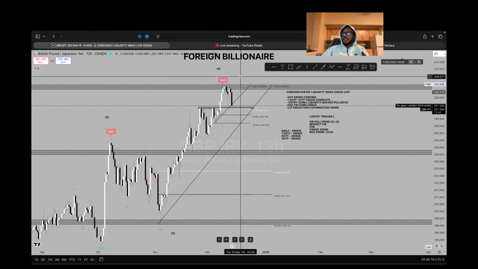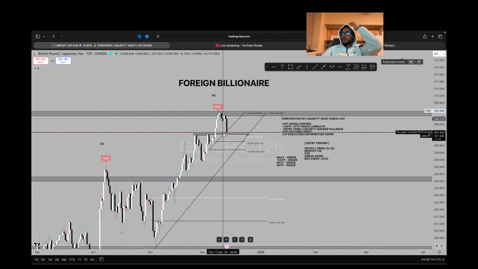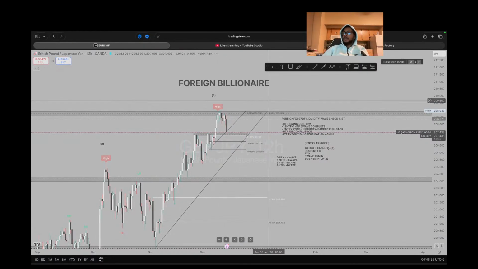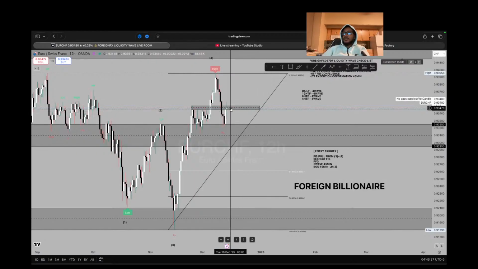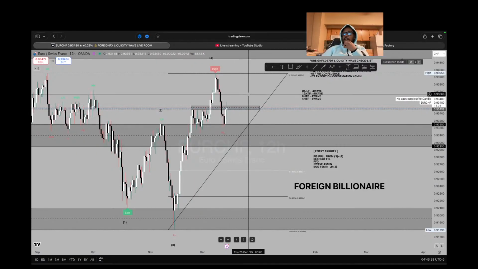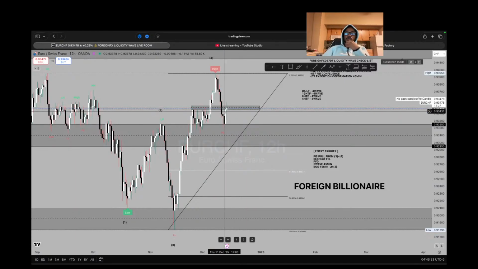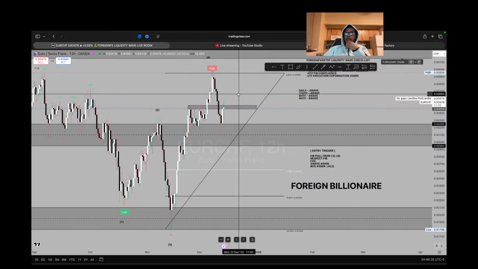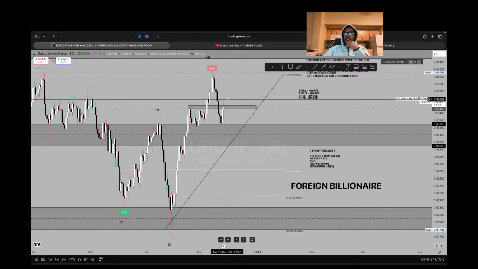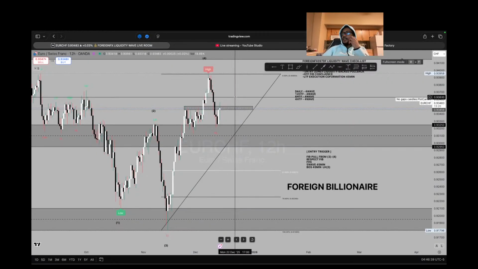On GJ, it seems like we want to maintain above this short-term fib, alongside maintaining above that support. And Euro CHF, it seems like we want to stay below this resistance. I would like to see it break above before placing a buy.